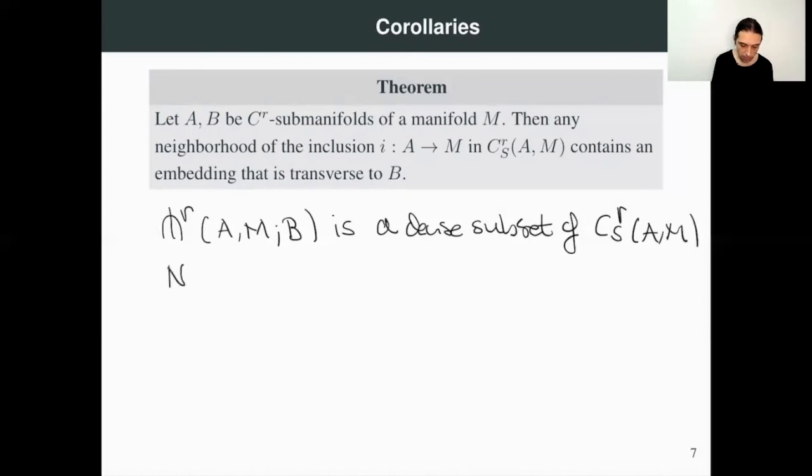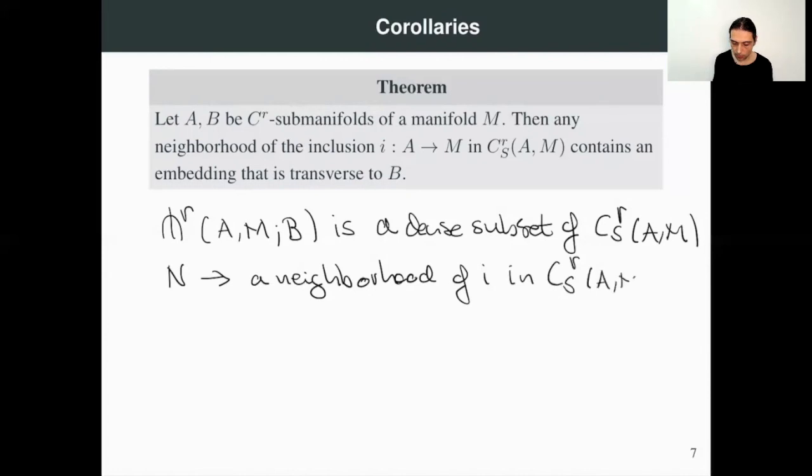Now let N be a neighborhood of I in the space of CR maps from A to M with the strong topology.